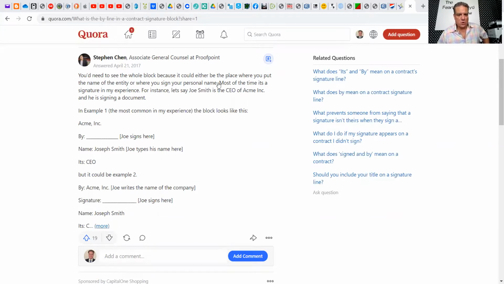You'd need to see the whole block because it could either be the place where you put the name of the entity or where you sign your personal name. Most of the time, it's a signature in my experience. For instance, let's say Joe Smith is the CEO of Acme Inc., and he is signing a document. In example 1, the most common in my experience, the block looks like this.